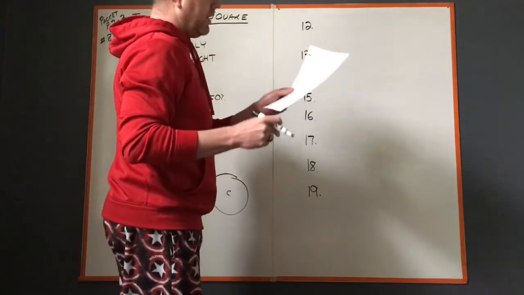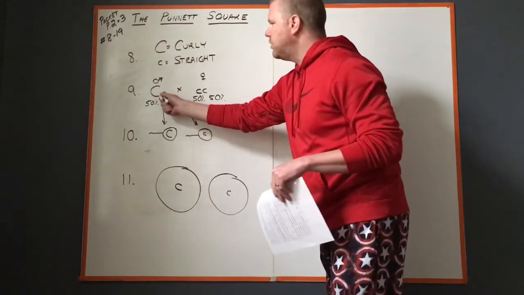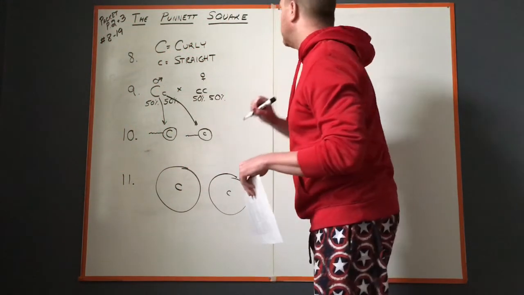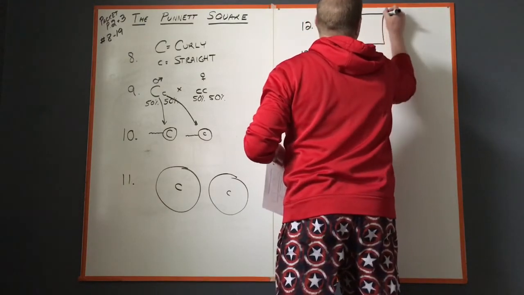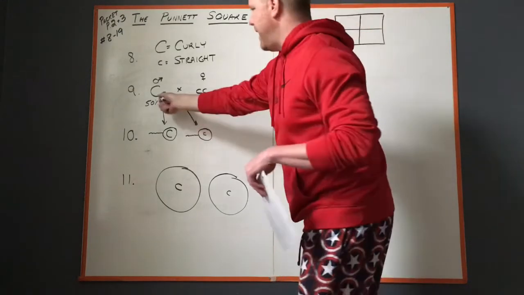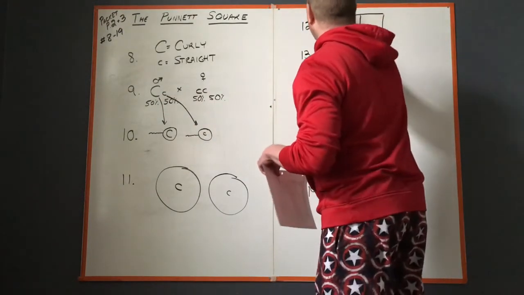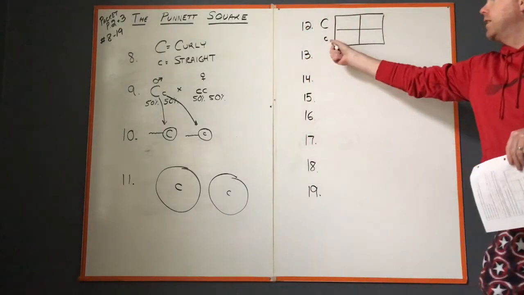So therefore, number 12 says, all right, well, let's look at the Punnett square. Well, we have 1, 2 combinations times 1, 2 combinations. Therefore, our Punnett square would have 4 squares to it, 2 times 2. And so what we'll do is we'll put the male on the left side. The male, 50% of the time, a sperm with a big C, 50% of the time, a little c.